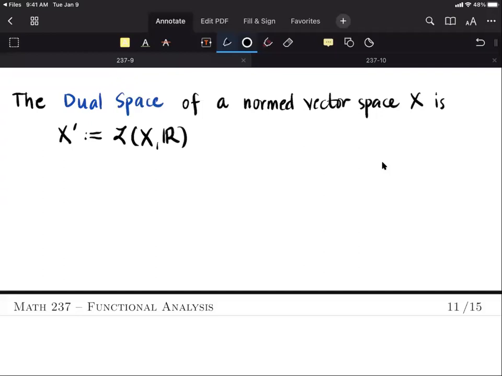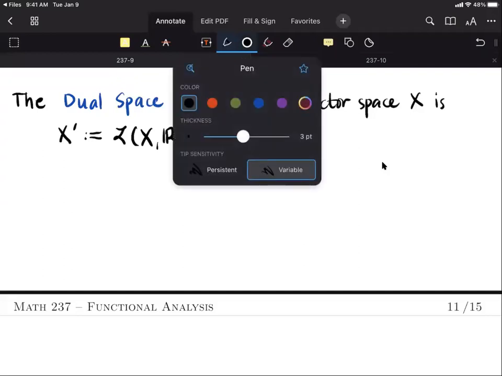A specific type of space of bounded linear operators is called the dual space. So the dual space of a normed vector space X, denoted by X prime, is the set of linear and bounded operators from X into R. And the notation prime will be justified later.